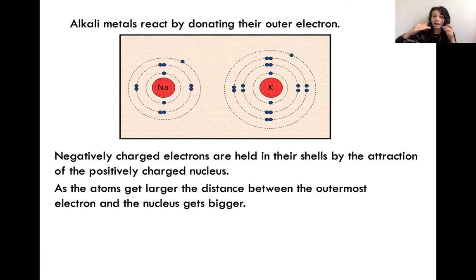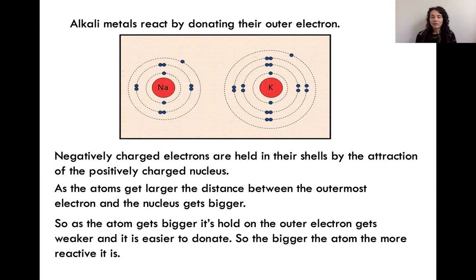So as you go down the group, the distance between the nucleus and that outermost electron gets bigger because you're adding more shells. As the atom gets bigger, the pull that it has on that outermost electron gets weaker.